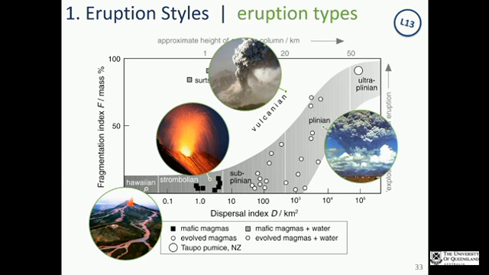Again, it's not the same opening a bottle of Hawaiian red wine than opening a bottle of rhyolitic champagne. Yeah? Gas saturated, very viscous and explosive. What happens with the magma is if we open a bottle of Hawaiian red wine, it goes down and we have a lava flow. Yeah?